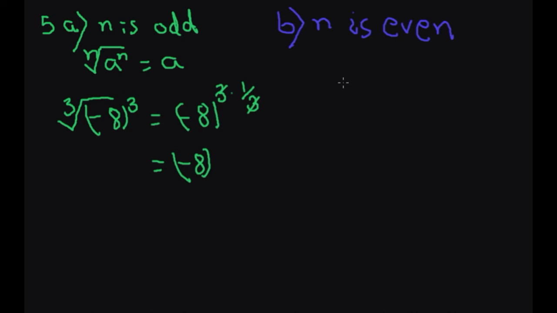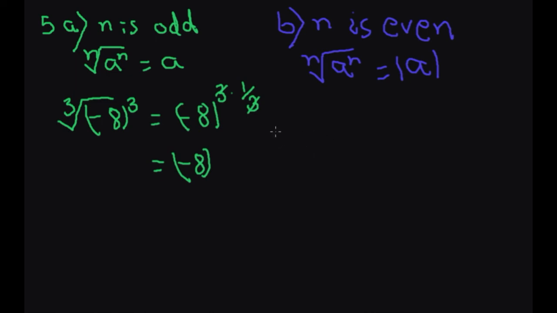It is called even. And the property is nth root of a to the power n is equal to the actual value of a. I will describe a little bit the actual value and what is the use of this bar at the end.